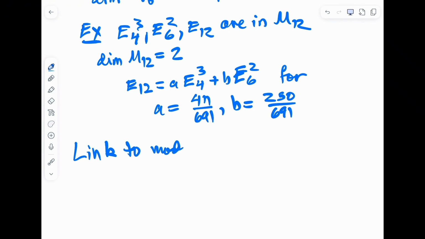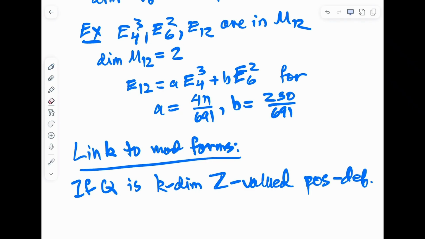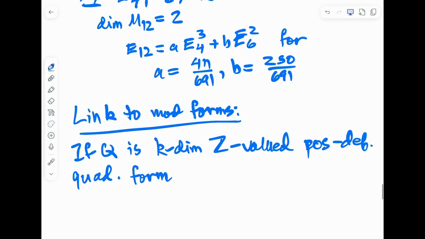The link to modular forms is that if Q is a k-dimensional integer valued positive definite quadratic form, integer valued, you may have some coefficients in the matrix, you might have halves in them.